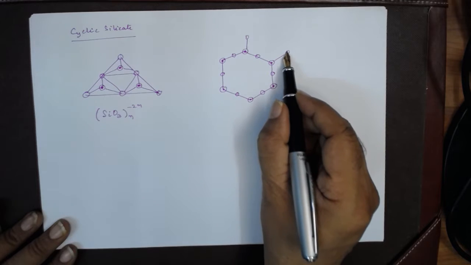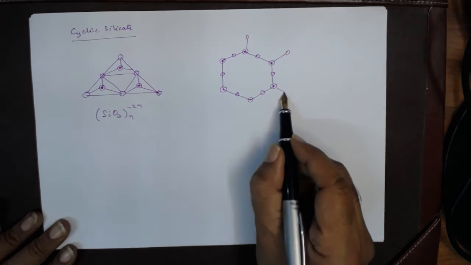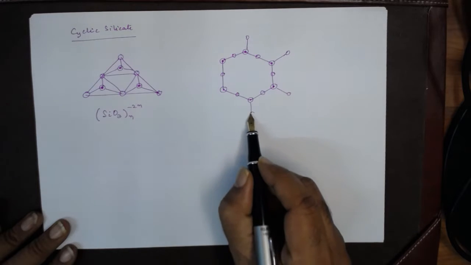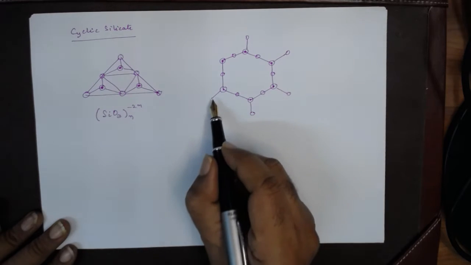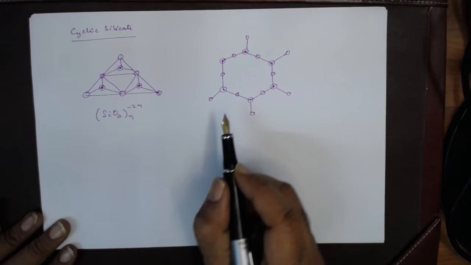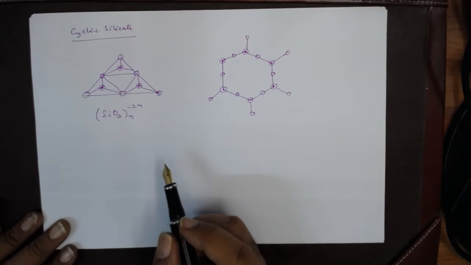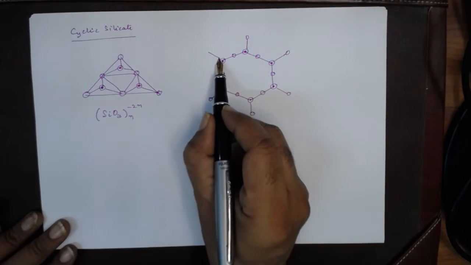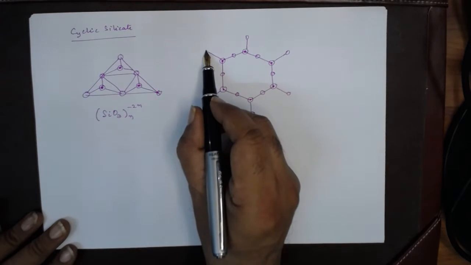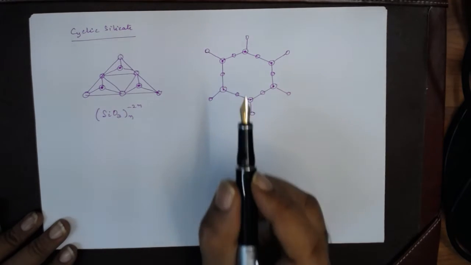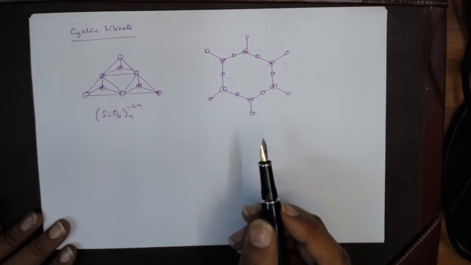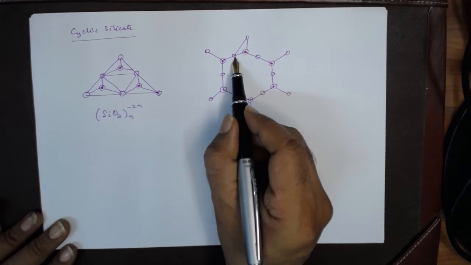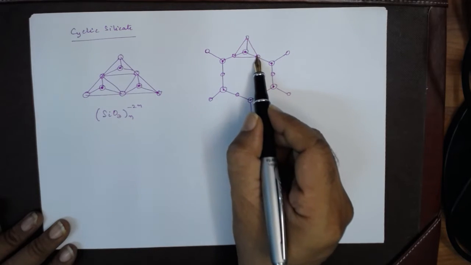Oxygen, oxygen, oxygen. So you can enjoy drawing like a column. Now you can join. Right?